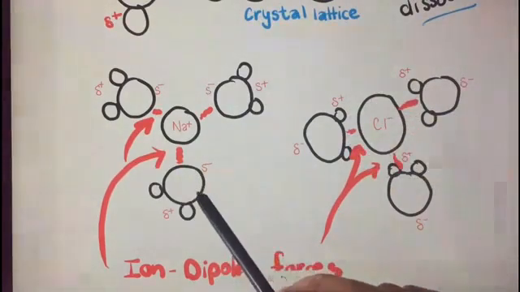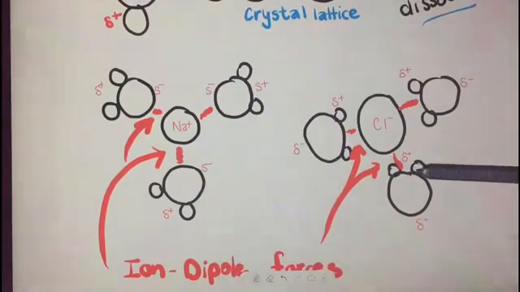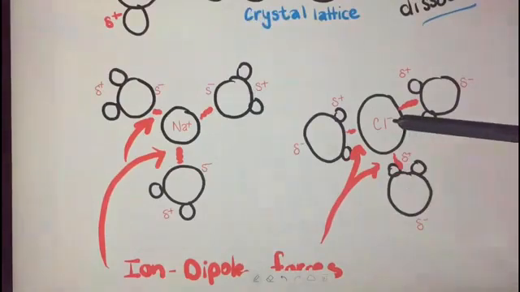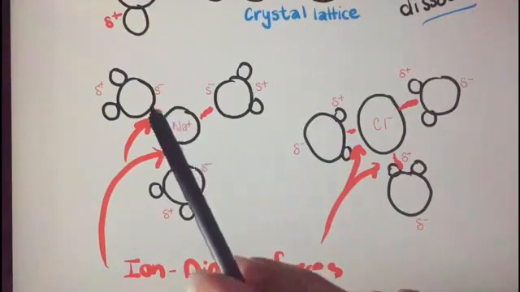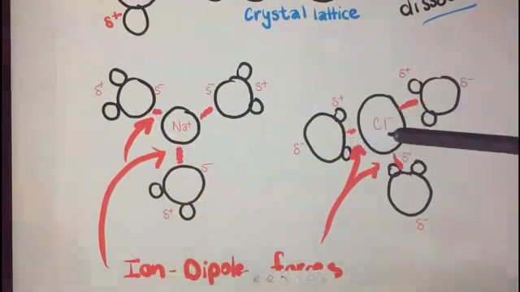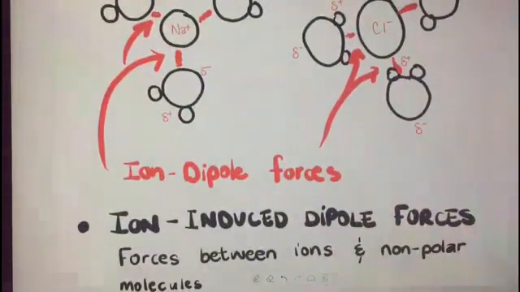The oxygen end of the water molecule points towards the positive sodium ion, and the positive hydrogen ends of the water molecule point towards the negative chloride ion. And this attraction between the molecule and the ion, and here as well, the molecule and the ion, that is referred to as ion dipole forces.